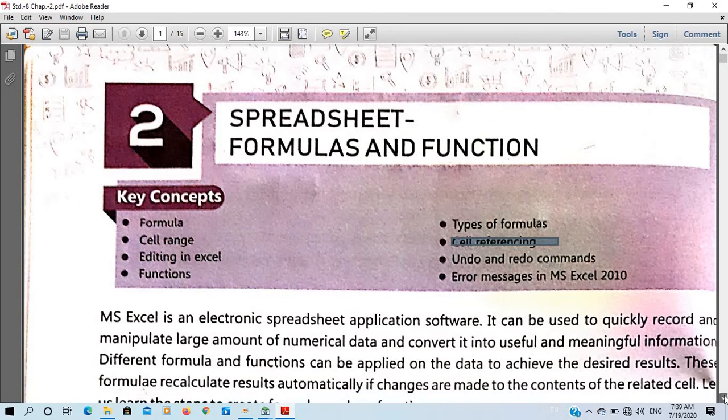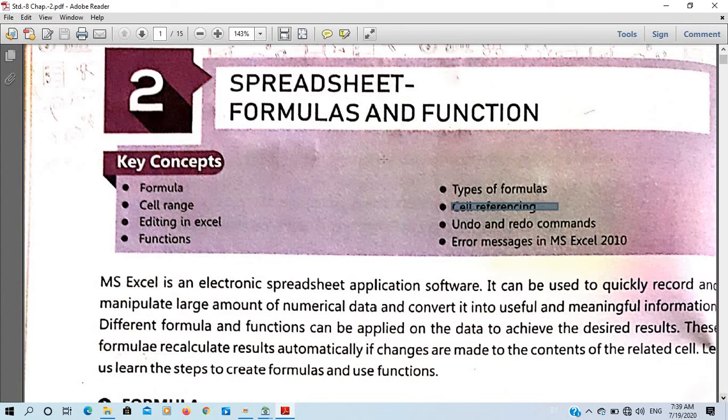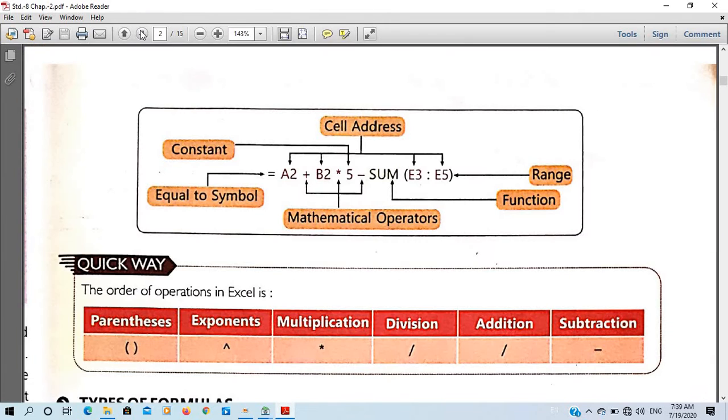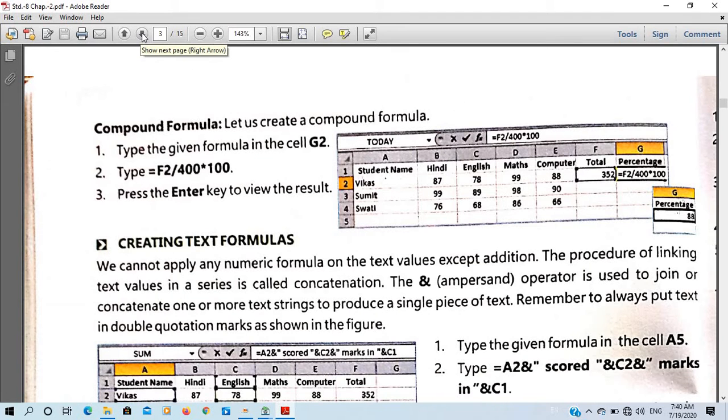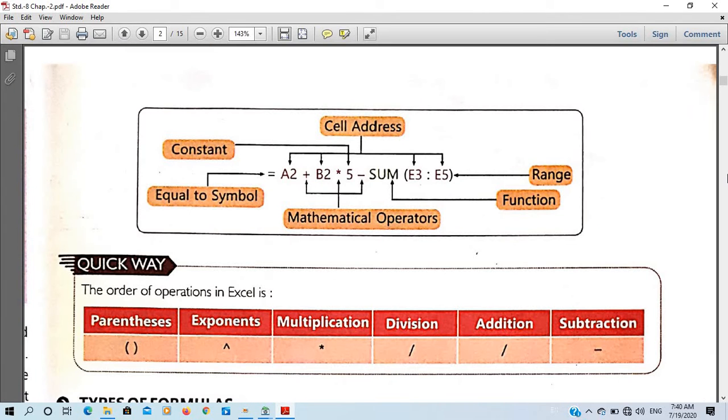I am showing you, you can see here we had seen these things. So let's revise and come to the point what is formula, and we will learn the different types of formula today, text formula and numeric formula also. That will be new for you from the previous class. So let's start.